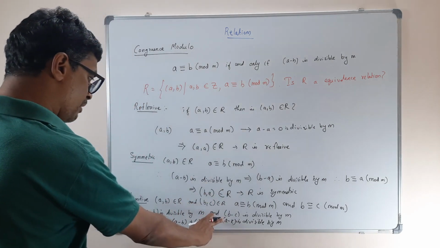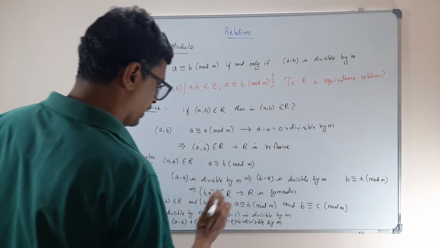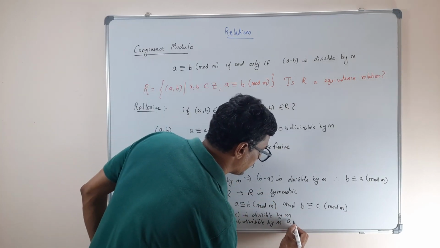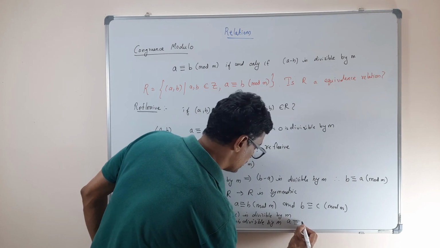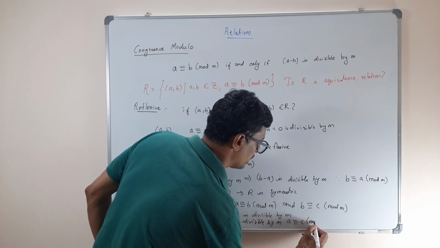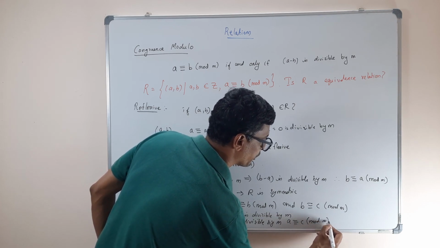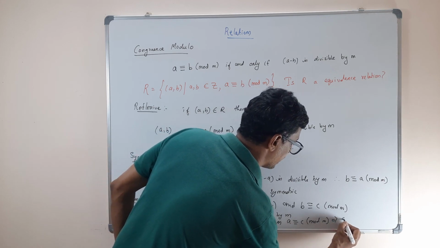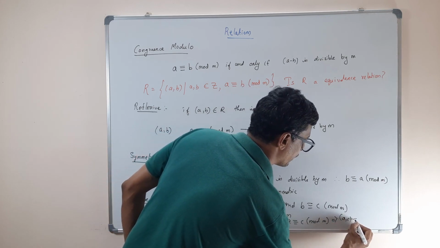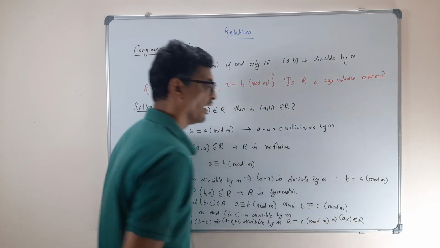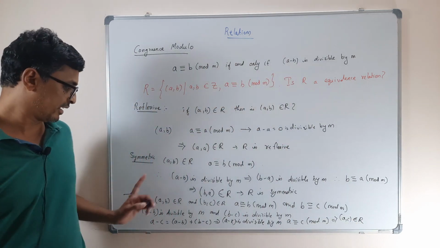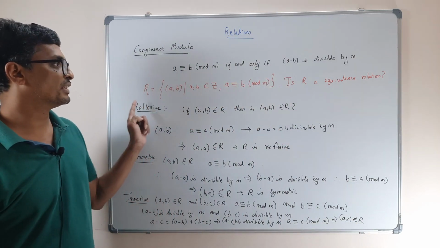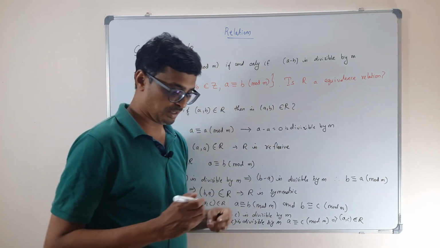So then a minus c is divisible by m. Therefore, a is congruent to c mod m. This implies (a, c) is an element of R and R is transitive. Therefore, this relation is an equivalence relation.